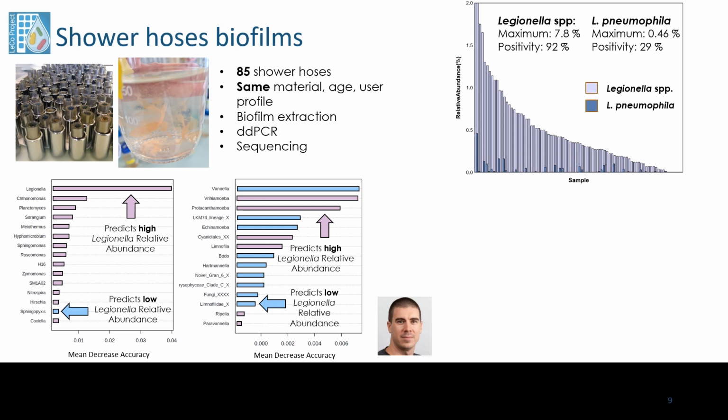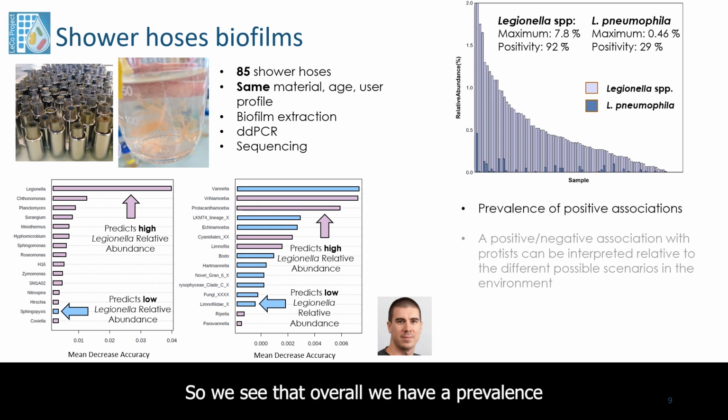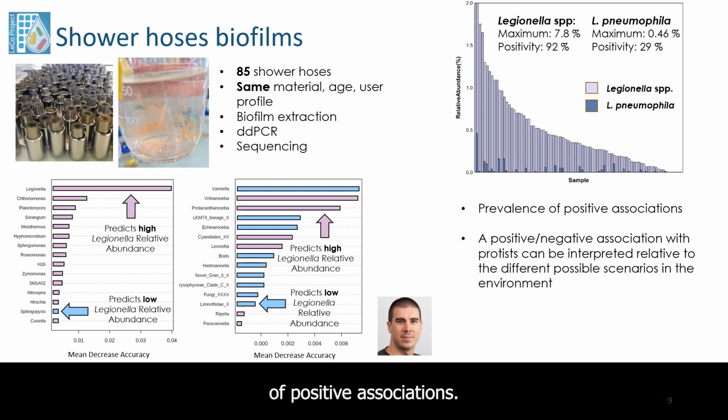This was done together with Emil, who helped me with the statistical analysis, and he also was part of the LeCo project. So we see that overall we have a prevalence of positive associations, and the presence of positive and negative associations with protists can be interpreted relative to the different possible scenarios in the environment.